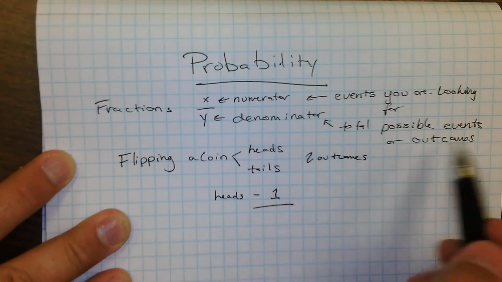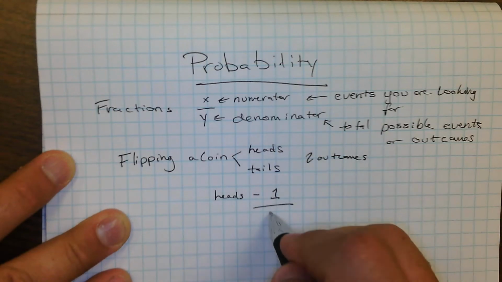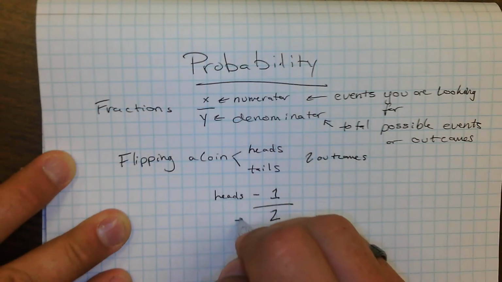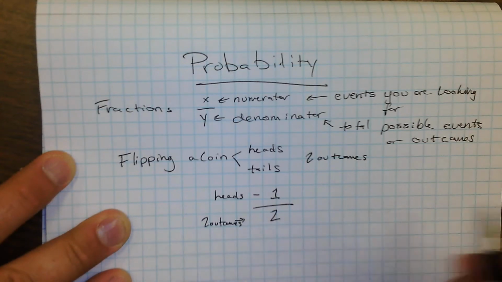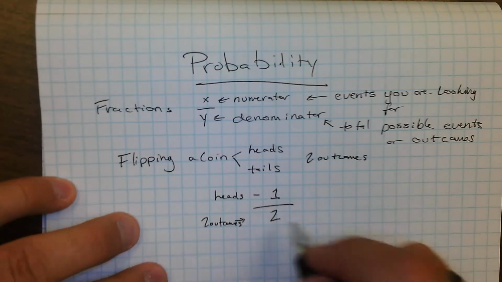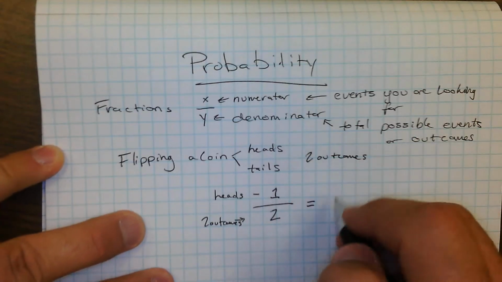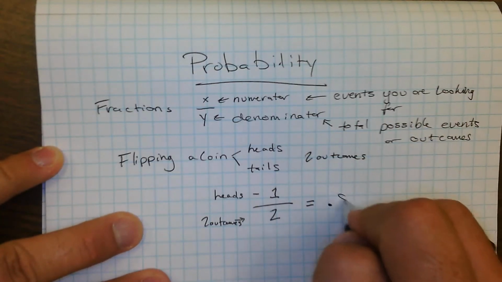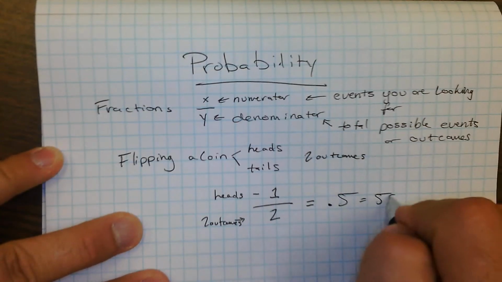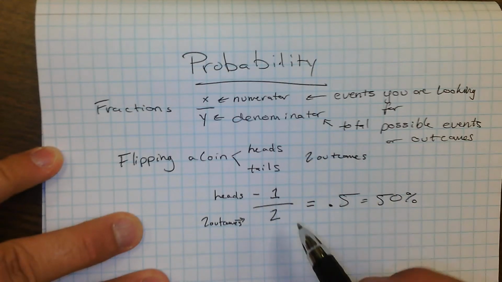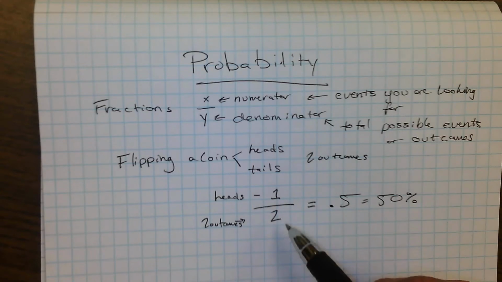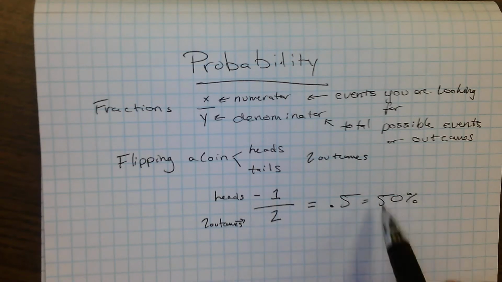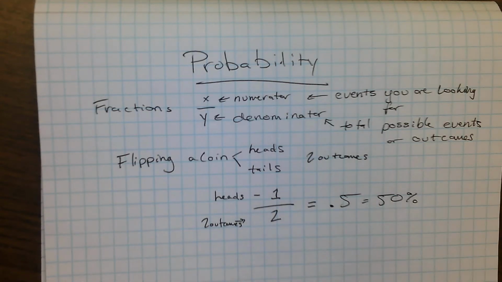In the denominator, total possible events, well, there's two outcomes. So we put that in the denominator. Okay? Well, 1/2 is equal to 0.5, which is equal to 50%. So we can say that heads will occur half the time or 50% of the time. Either one.